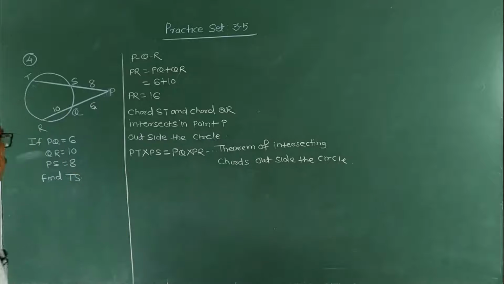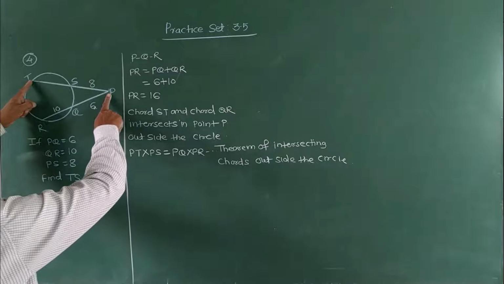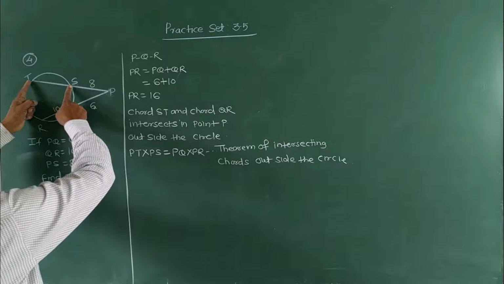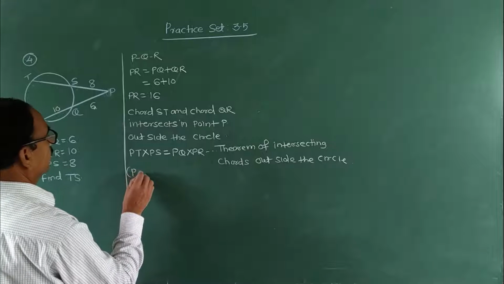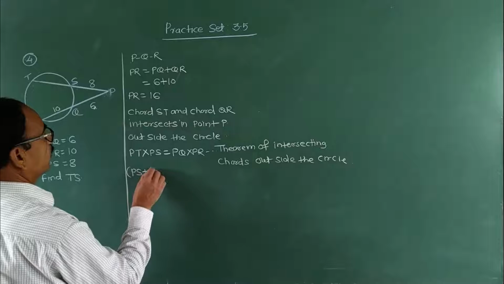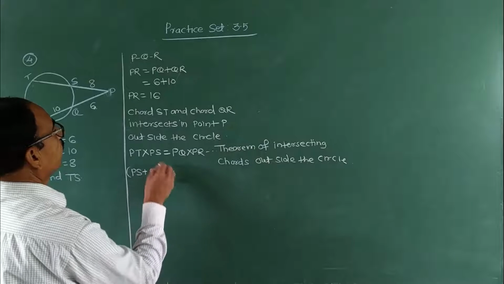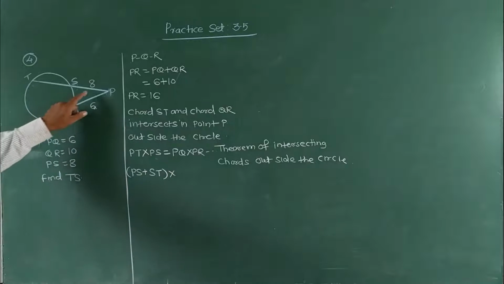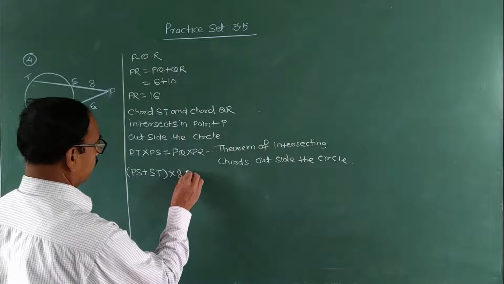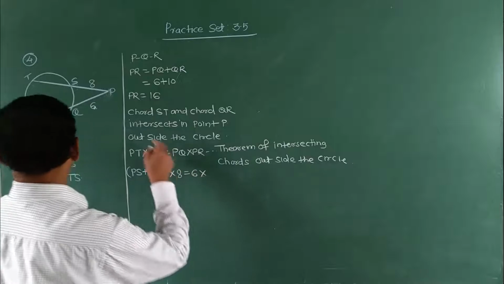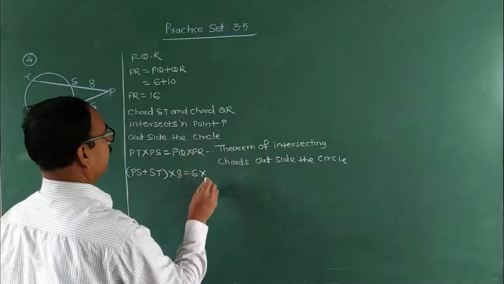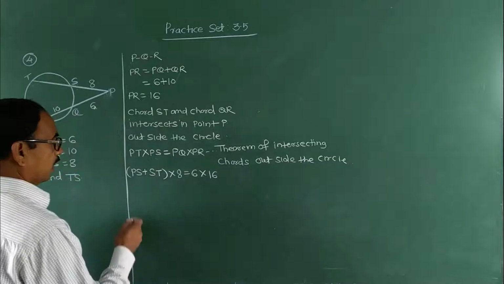Now put the values. We have PT equal to PS plus ST. So this is (PS plus ST) into PS. PS is 8, which is equal to PQ, which is 6, into PR, which is 16.